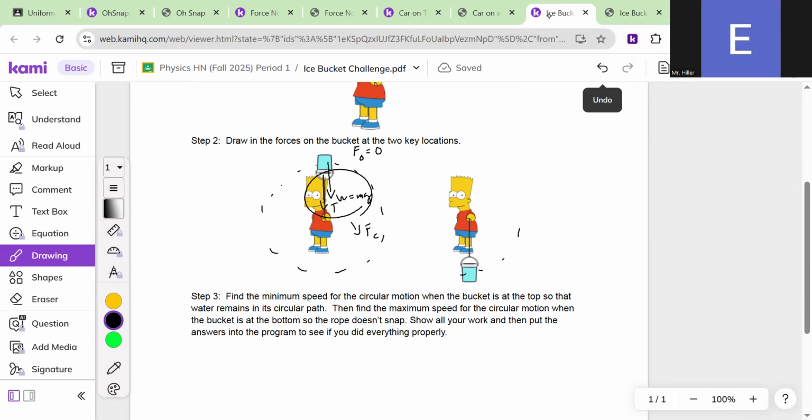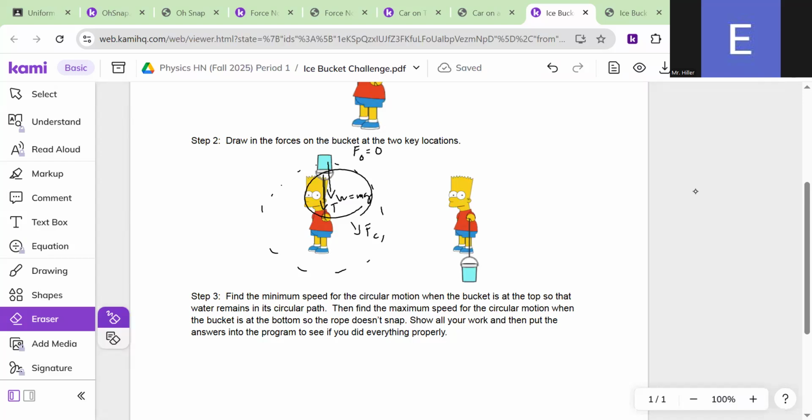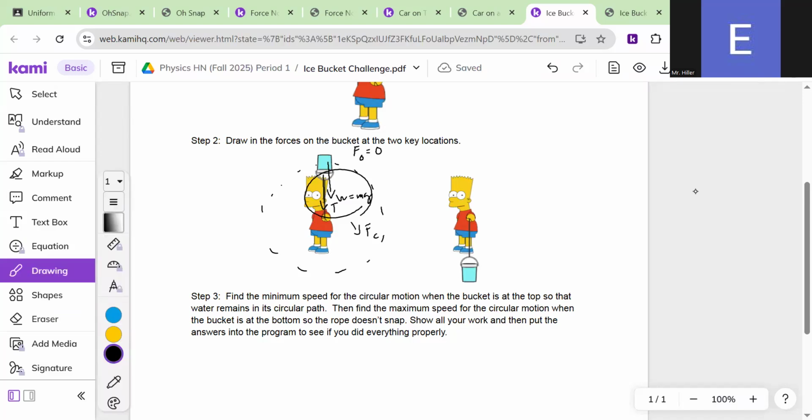Okay, now if you draw the circle again, okay, we go over to the other one.